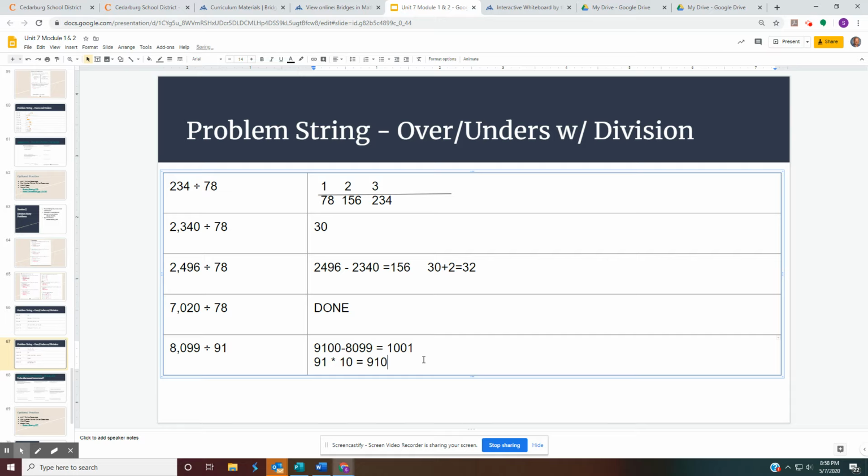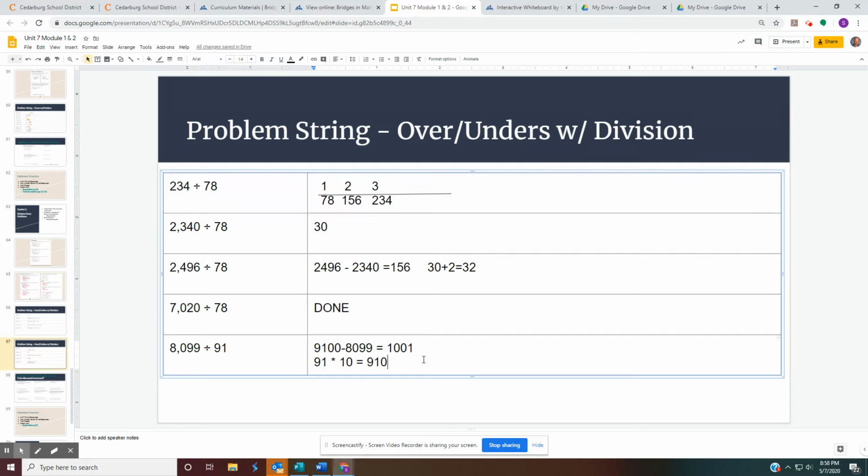So what is 9,100 minus 910? What does that equal? 8,190.